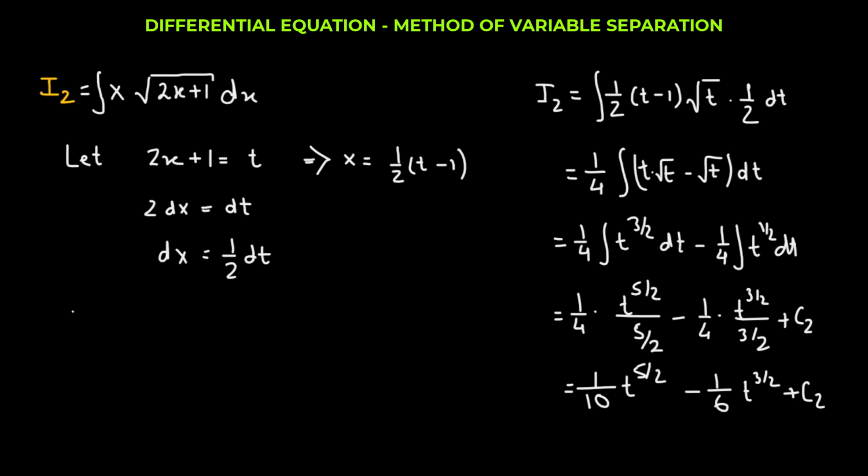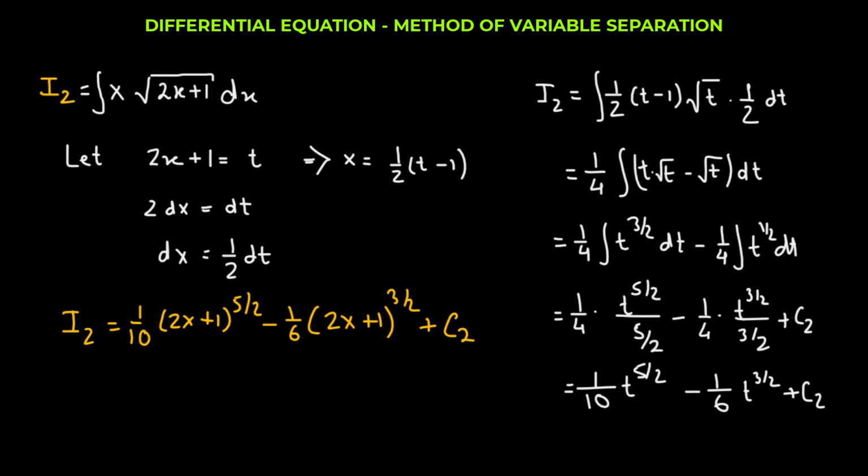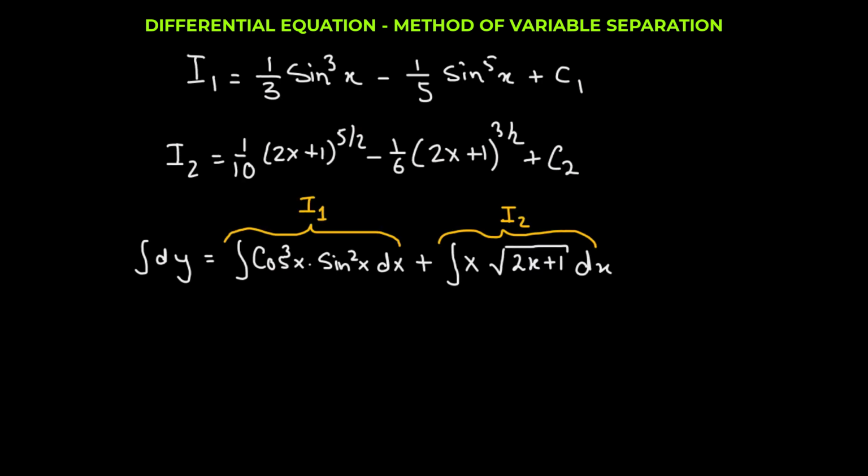Now replacing the value of t with 2x plus 1, we have I2 equals 1/10 of (2x plus 1) raised to the power of 5/2 minus 1/6 times (2x plus 1) raised to the power of 3/2 plus c2.